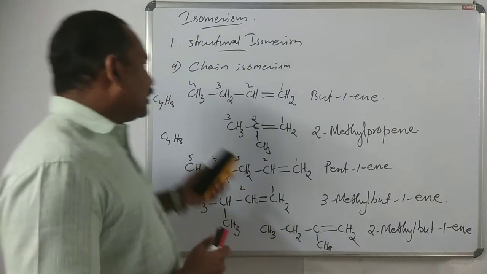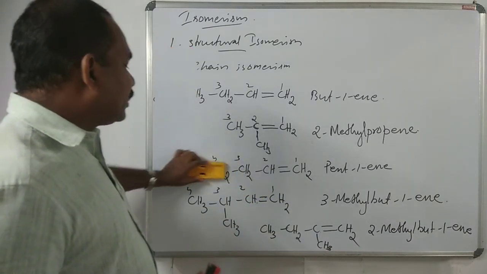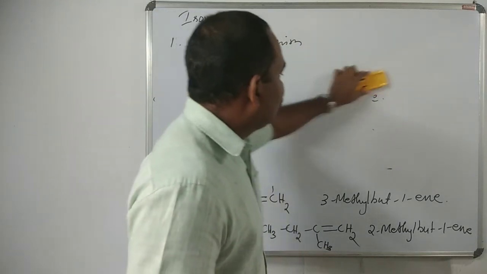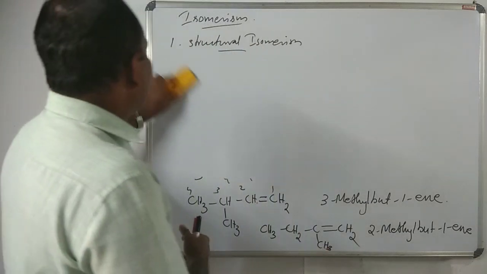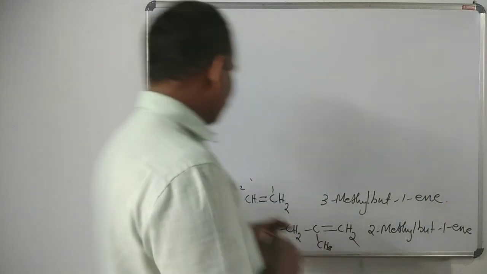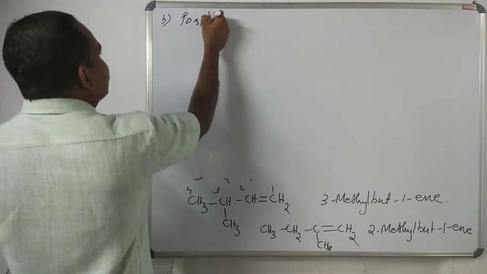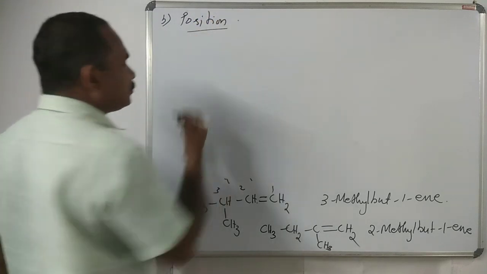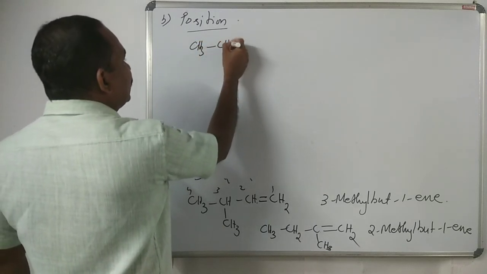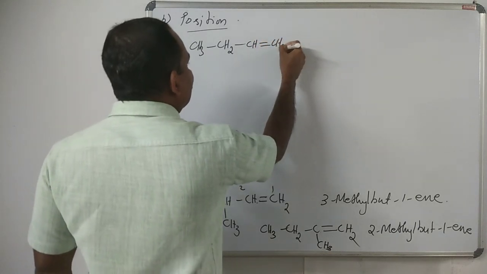Okay. Then next is position isomerism. And I erased up to this because these two are examples of position isomerism. So the second one, position isomerism. One example, CH3, CH2, CH double bond CH2.